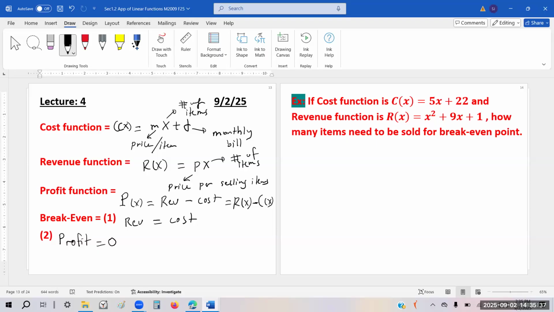Overhead cost and then? No. What about your revenue? How much you got back after selling your item? If you do D equals MX, it means your monthly bill is the same as the number of items times their cost.